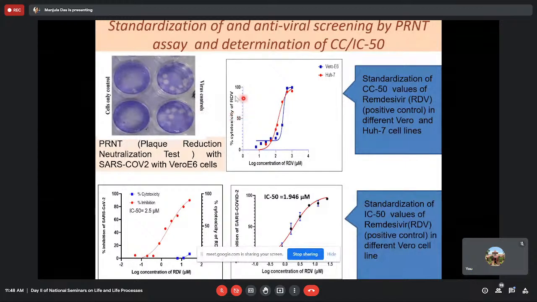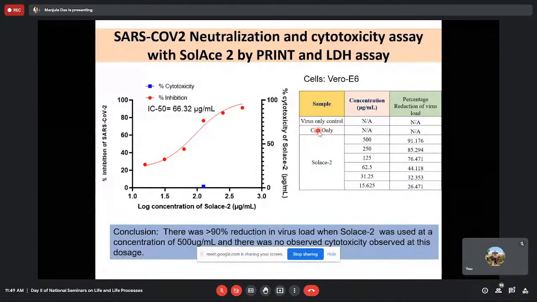We standardized this assay with a positive drug, remdesivir. We did that in Vero E6 cells and with HUH7 cells. Both could show the cytopathic effect, though Vero E6 cells showed better cytopathic effect. We could see dose response with increasing amounts of remdesivir.